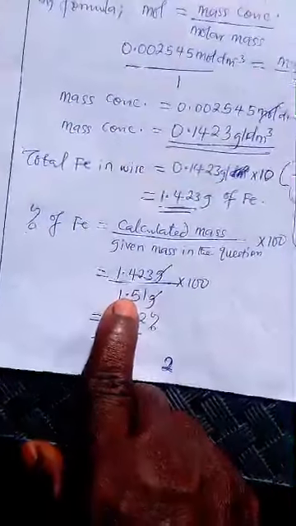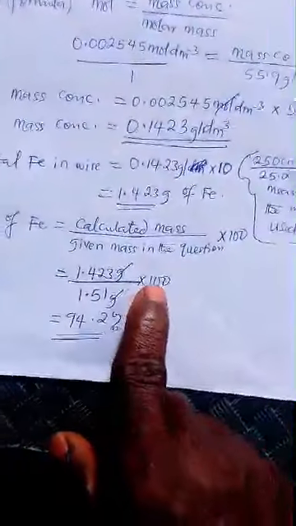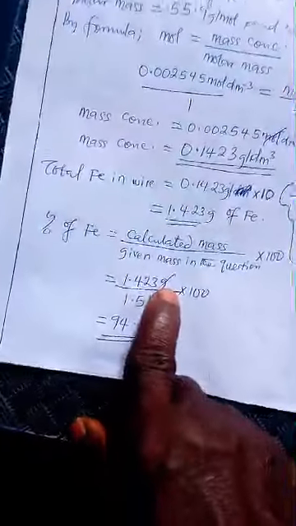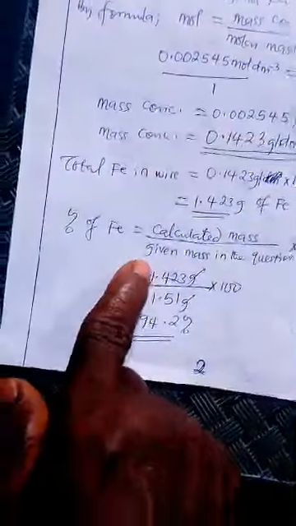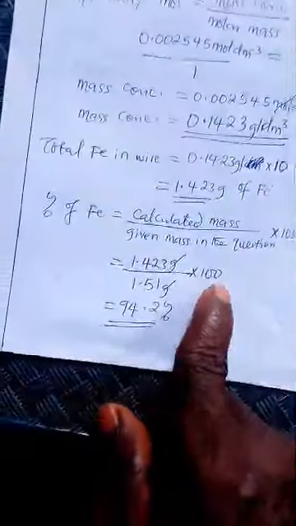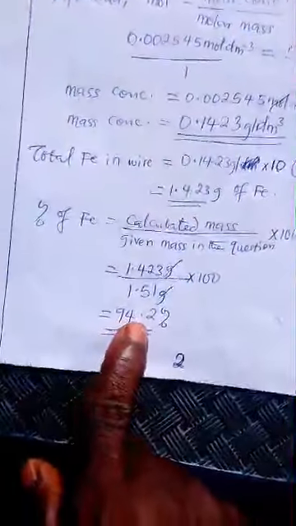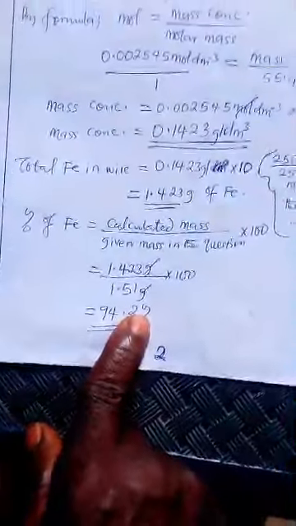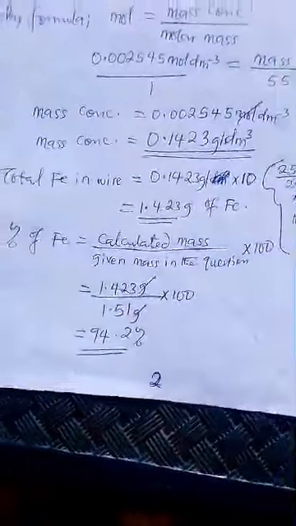Remember this one is given from the question. Multiply by 100. This gram cancels this gram. You now divide this by this, multiply by 100. You will get 94.2%. This is the percentage of iron from the question given.